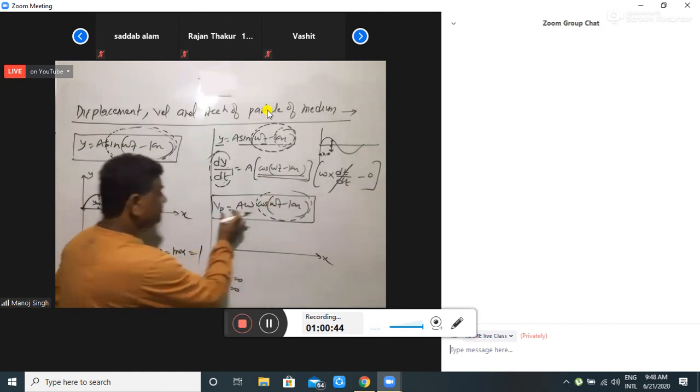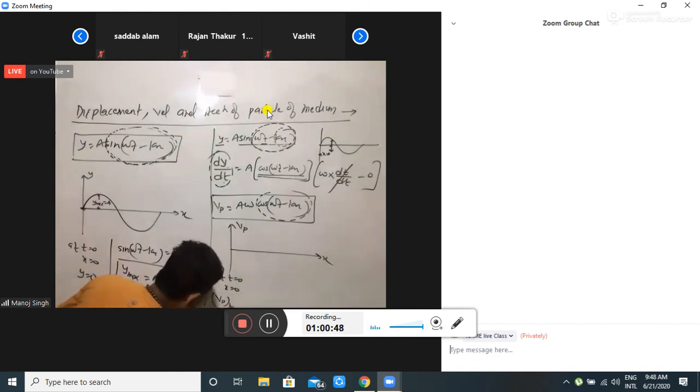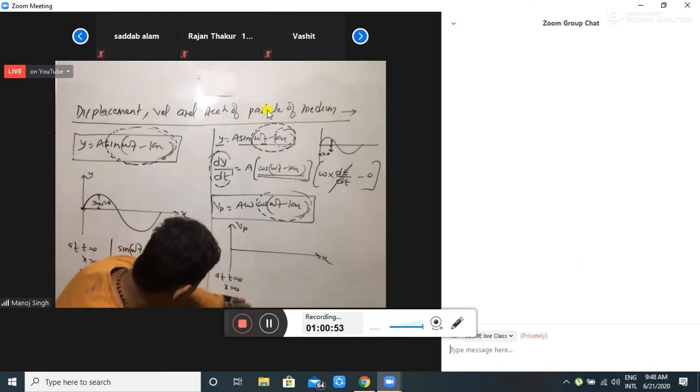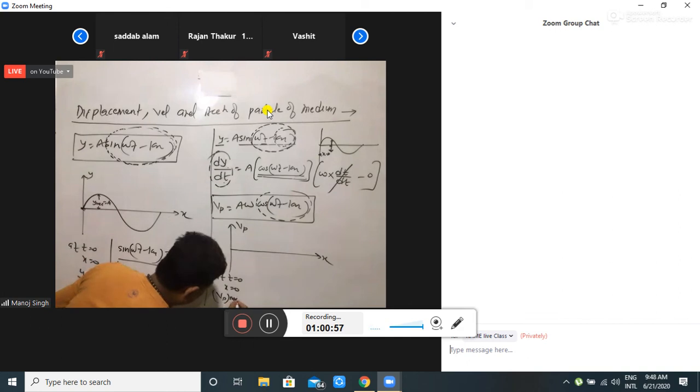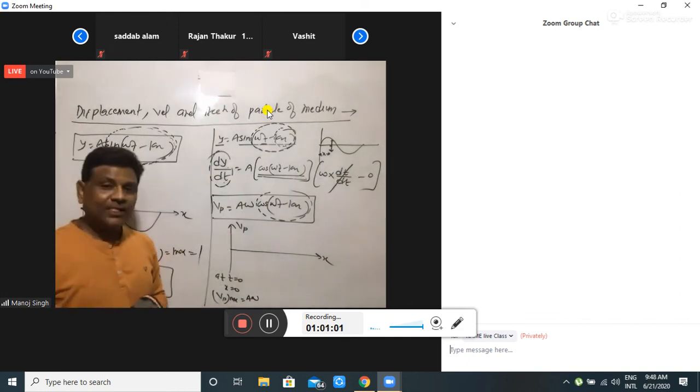If it is maxima, the velocity of the particle will also be maxima. So Vp will become maxima, and the maxima value will be equal to a omega.